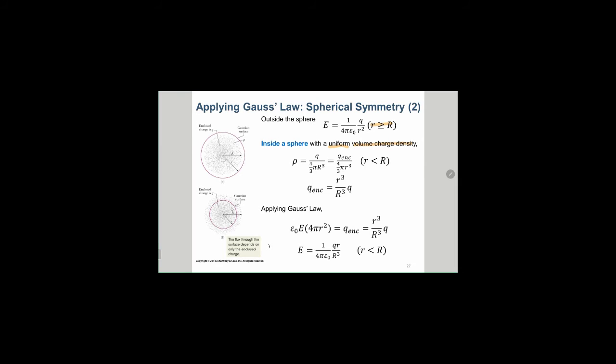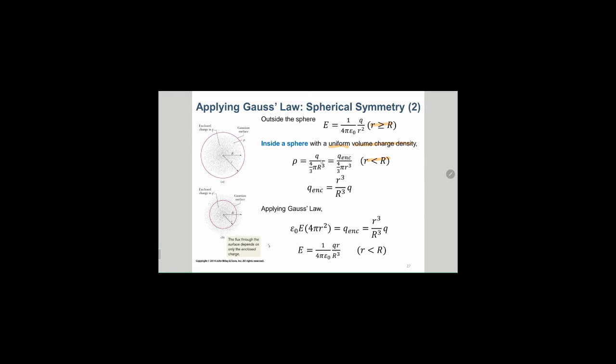However, for the second case, if we consider a point inside this non-conducting sphere, which means that r is smaller than capital R, then things will be a bit more complicated. Here is the Gaussian surface smaller than the sphere itself. So the Q enclosed is not all the charge.